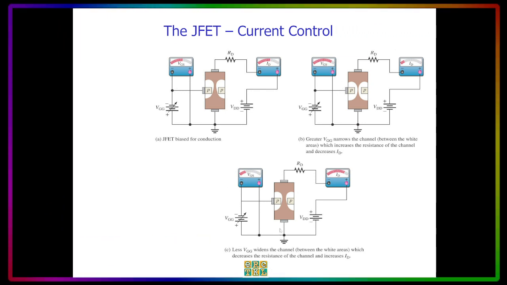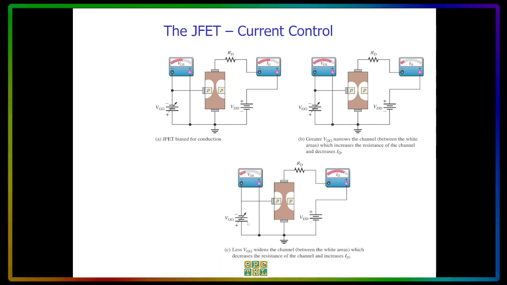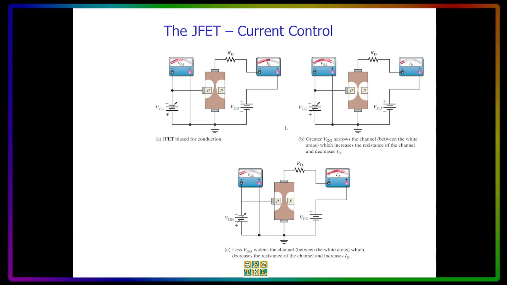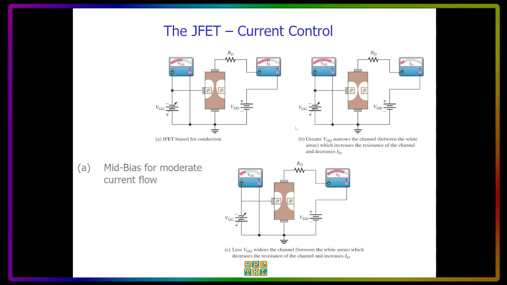Now in letter C, we will see that the ID is much higher when you put a lower VGS on the VGG. So these are some examples of how the JFET is controlling the current, and that is through changing the value of the VGG.